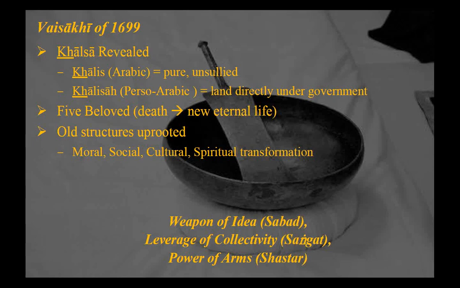What we also know from our history is that Khalsa, or Khalisa, is a Persian-Arabic word connoting the land that is directly under the government. The implication of that is that the Khalsa is a sovereign entity.